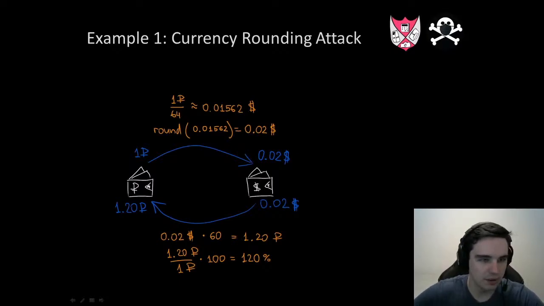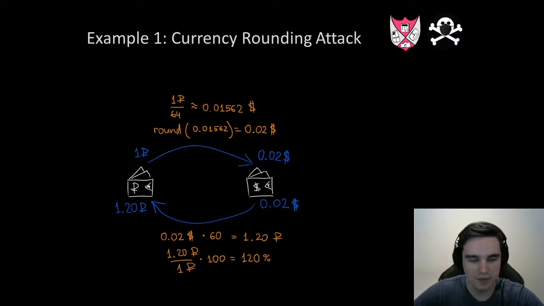We have one ruble on the ruble wallet, and we send it to the USD wallet. Firstly we convert it to USD, and after that it calls the rounding function, and as a result, we will get 0.02 USD from 1 ruble.